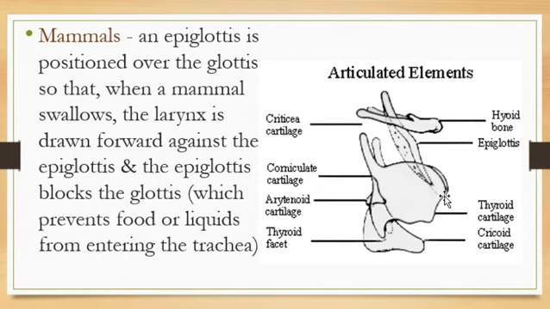The larynx is drawn forward against the epiglottis, and the epiglottis blocks the glottis, so the food will not go into the glottis. So it prevents food or liquid from entering the trachea or the respiratory tract.